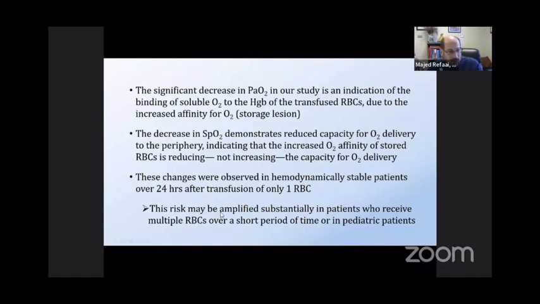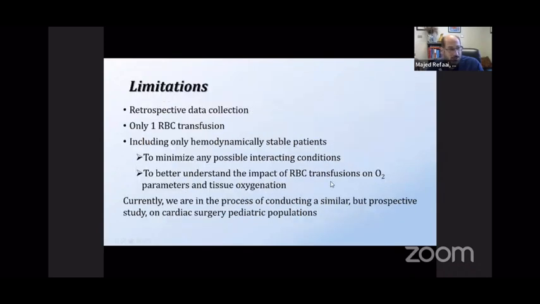And the question I want to ask here: what would happen if some patients receive more than one red blood cell unit? What would happen if some patients have bleeding at the same time? Bleeding means he's losing his good red blood cells with good hemoglobin. And what happens in pediatric patients?